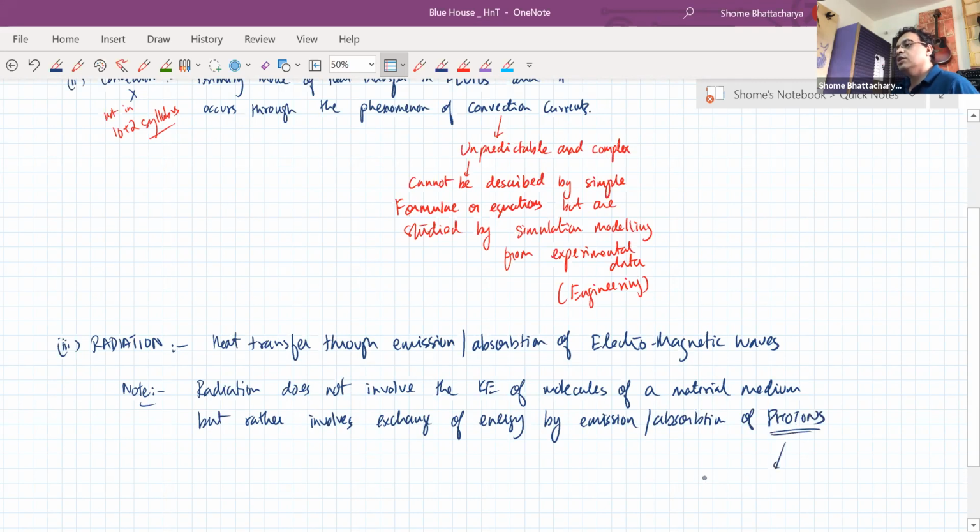As you know, photons are quanta or packets of electromagnetic energy, exchanged between a body and its surroundings.